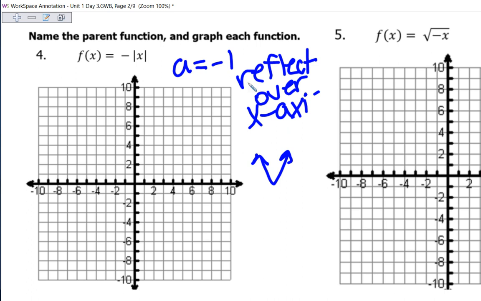And for this one, what is HK? 0, 0. And we need to point it downward.